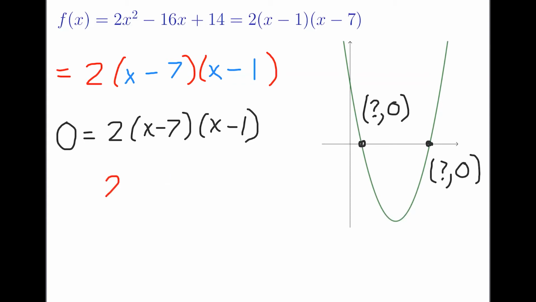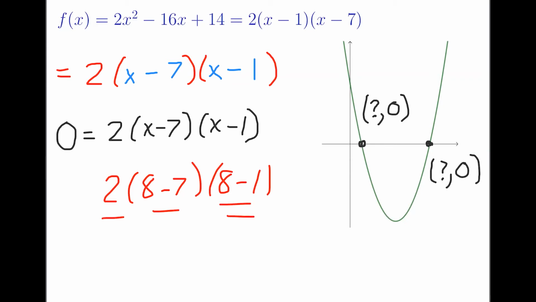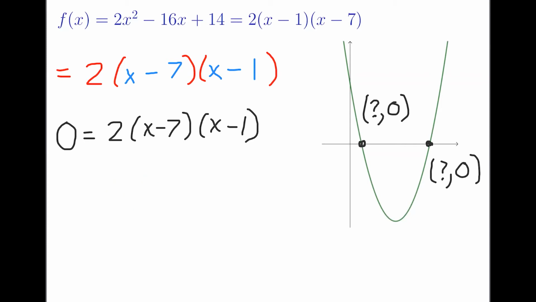If you have 2 times 8 minus 7 times 8 minus 1, I don't know what that's going to be equal to, but it sure is not going to be 0, because none of the 3 factors involved is equal to 0. So with that in mind, you can start to see pretty quickly that the only things you can plug in that are going to make a 0 on the right side are the things that make these individual pieces 0.